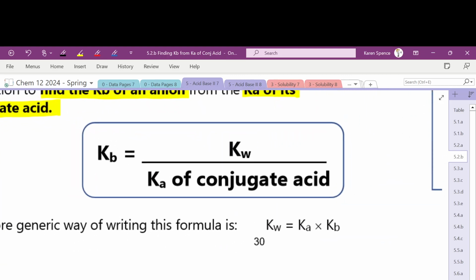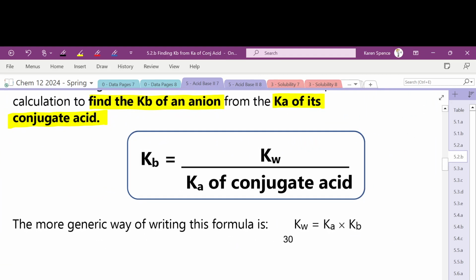So the most generic way of writing this is Kw is equal to Ka times Kb, okay?